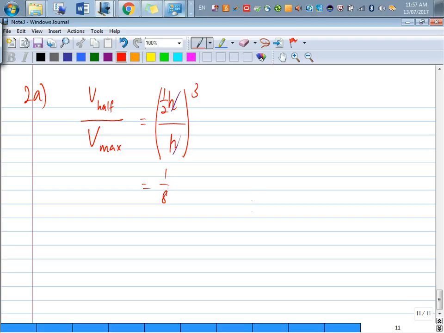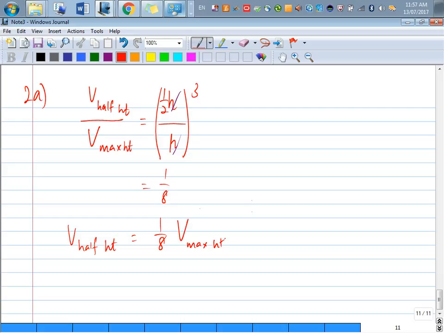What does this mean? It means that when the height is half, volume at half height is equal to 1/8 volume at max height. Okay, this is from our equation.